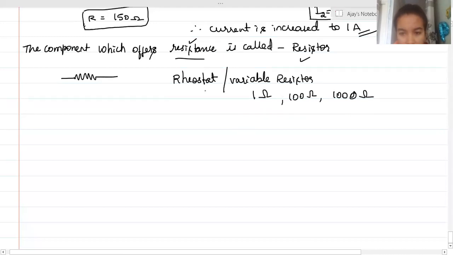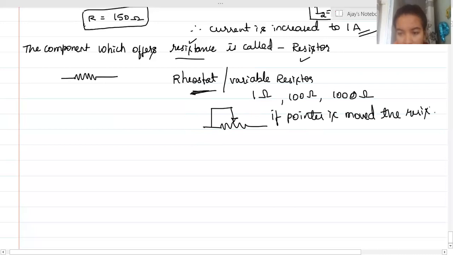That device is called a rheostat. And the symbol is this. There is a pointer. If the pointer is moved, the resistance changes. Any doubt?